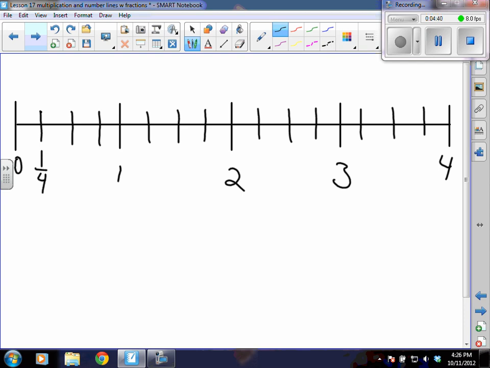Now I'm here, which is technically 2 out of the 4 spaces, but since that's a fraction, we're going to reduce that to 1/2. And then we're going to have 3/4 here. And so our increments would continue in that way as we go along our line.